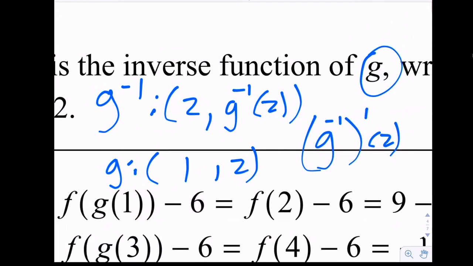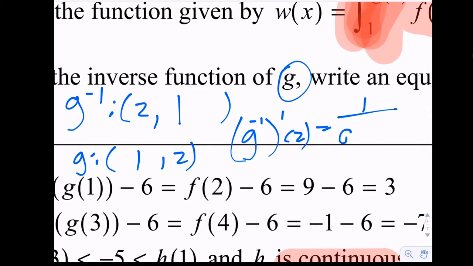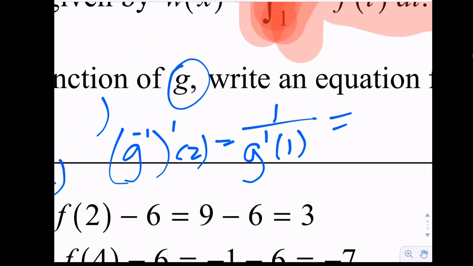So there's a point on G inverse called 2 comma 1. And if I'm trying to find G inverse prime of 2, that should be the reciprocal of G prime at 1. Oh boy, now I have something with which to work. All I have to do is find G prime of 1 and flip it.